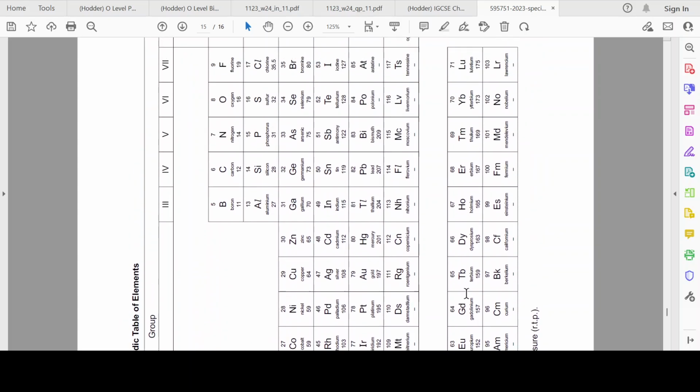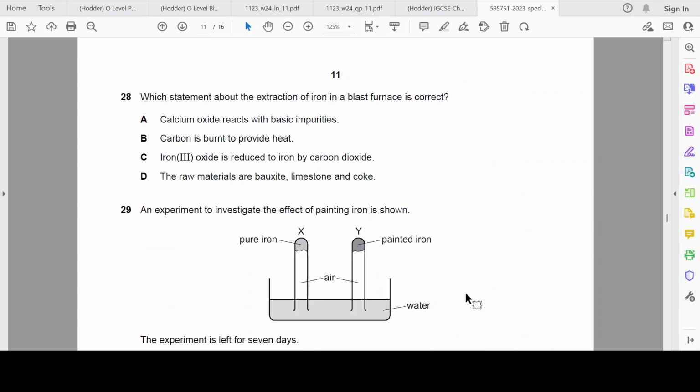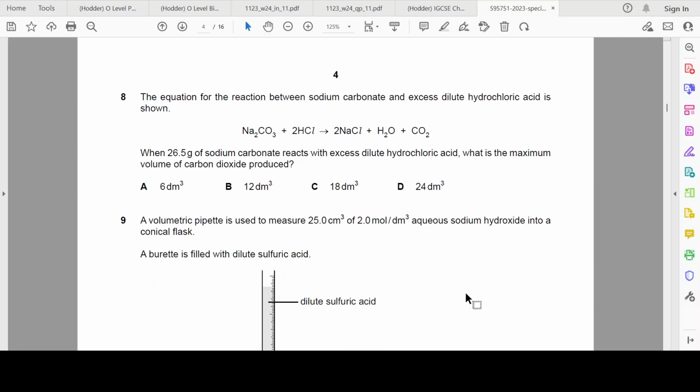And O3, oxygen is 16, so 16 times 3. And that's 106. Is that what you're getting? Yes. So the Mr of sodium carbonate is 106.